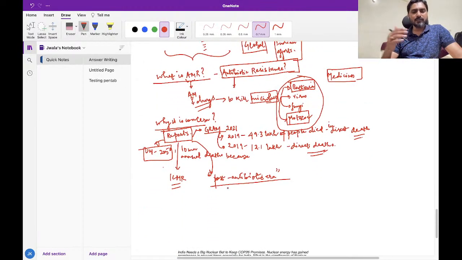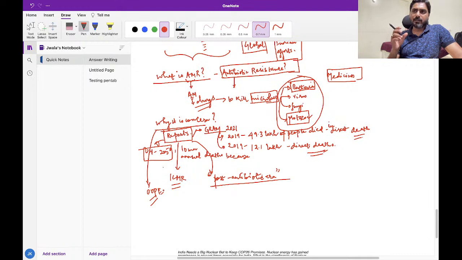You can also give some logical arguments in that sense: if the microbes are becoming resistant, our expenditure on health will increase. Even now in India, out of pocket expenditure on health is high. So what is this out of pocket expenditure term?